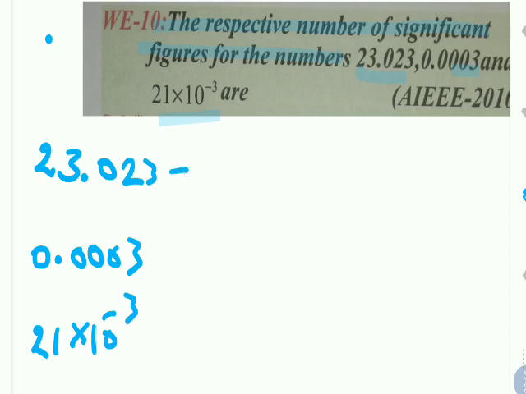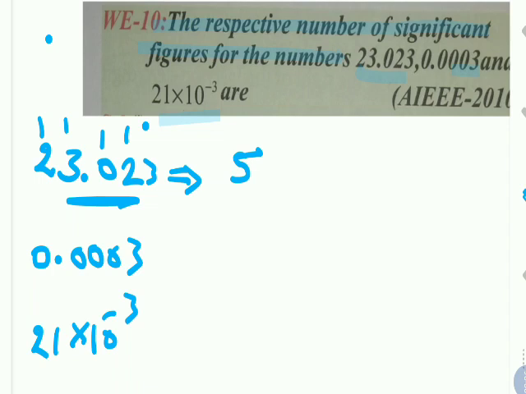So the first one: all non-zero numbers are significant figures, and zeros occurring between digits are also significant figures. So 1, 2, 3, 4, 5, here how many?